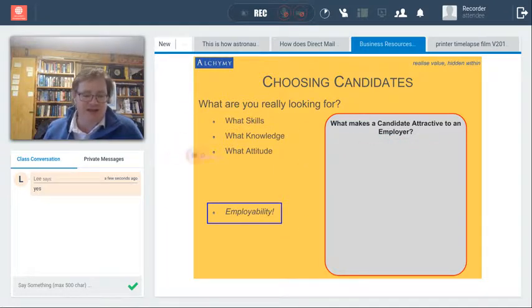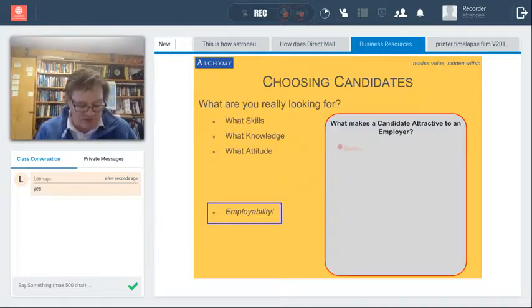We might talk about essential criteria, such as specific skills, certain levels of experience, and knowledge about a particular activity or topic.